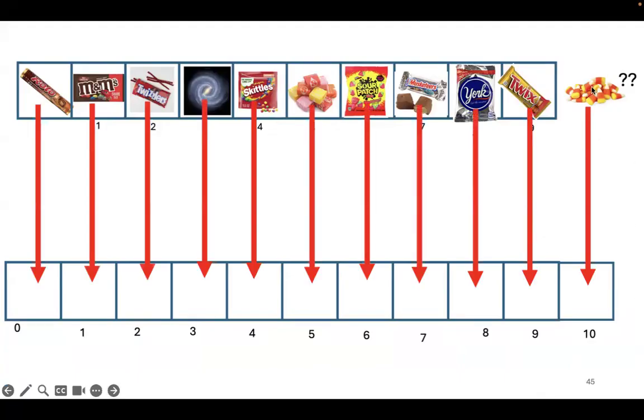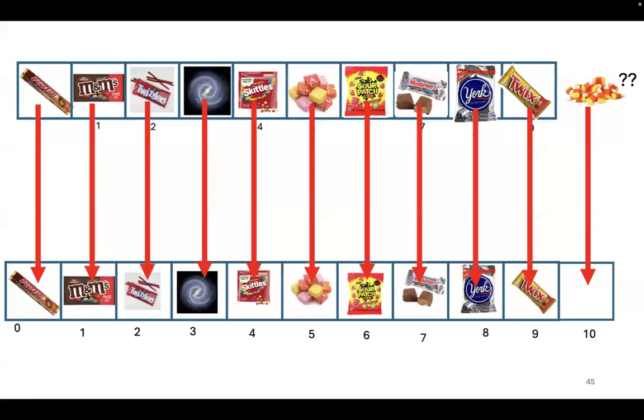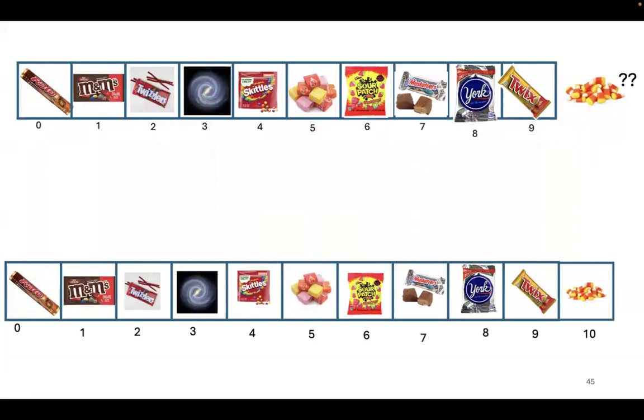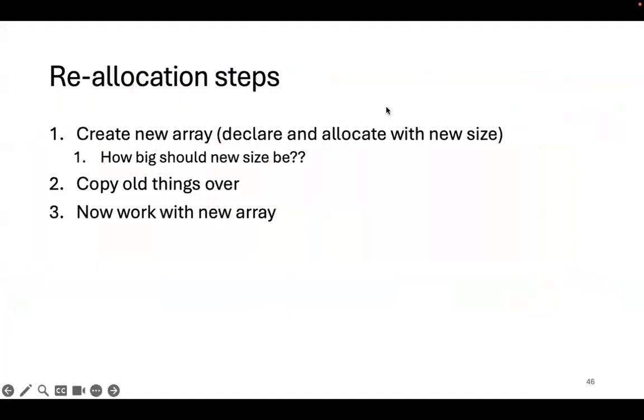And then finally we copy that new thing over as well. So this is one of your tasks that'll be on lab 2. So the big idea is create a new array. How big do you want the size to be? That's something that you need to think about. Copy the old things over and then only work with the new array.